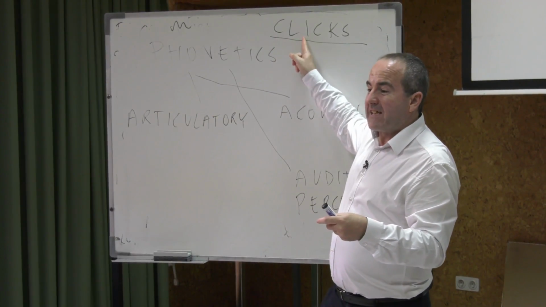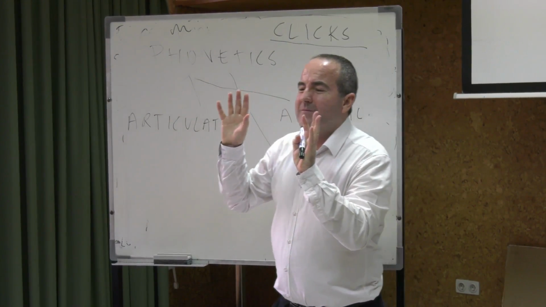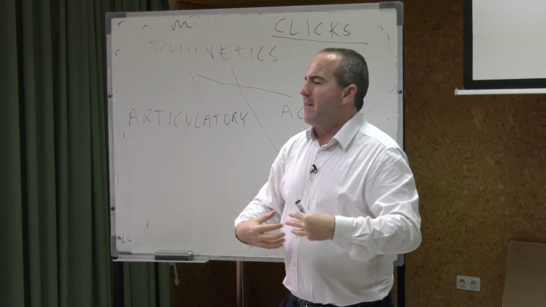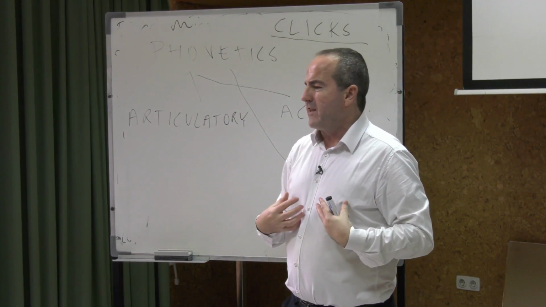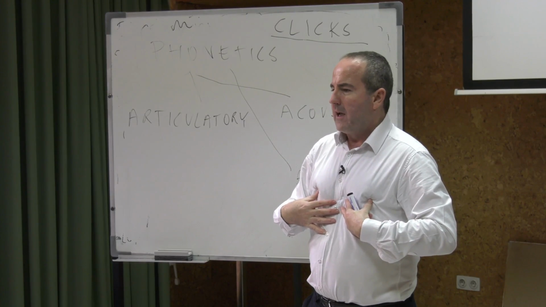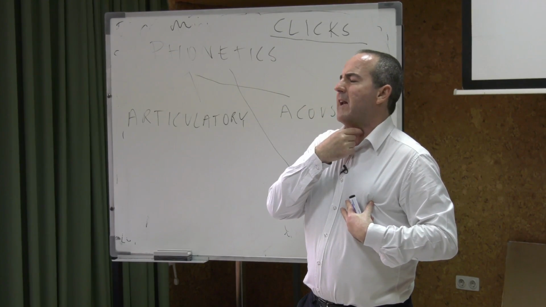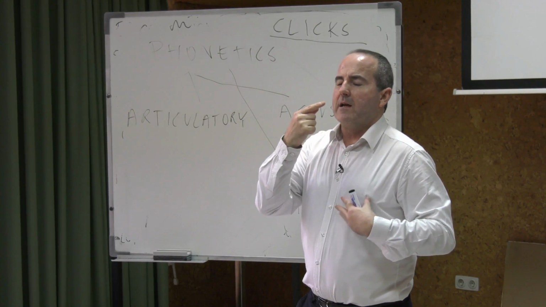Okay, these are called clicks, and these are different from the other sounds in that the source of the energy does not come from the lungs, and we don't produce the sound in the larynx, so in the glottis.